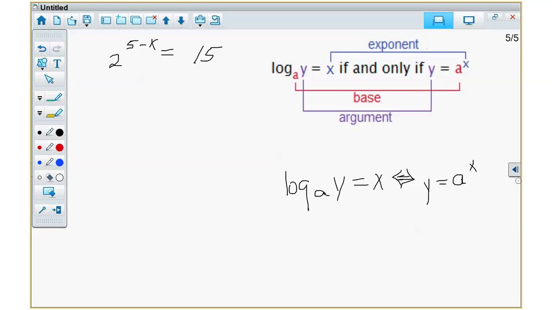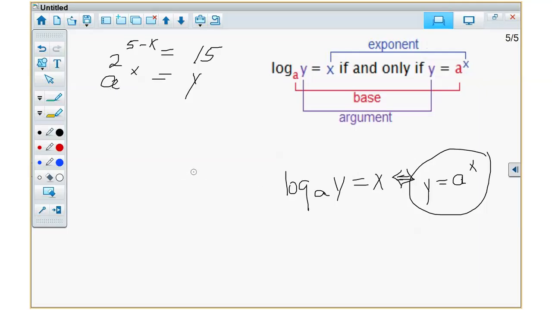Now, let's go ahead and see which one we have. Well, that's pretty simple. Since we don't have a log in the sentence, we know it's this side right here. So put it in that form. Well, y is equal to a to the x.